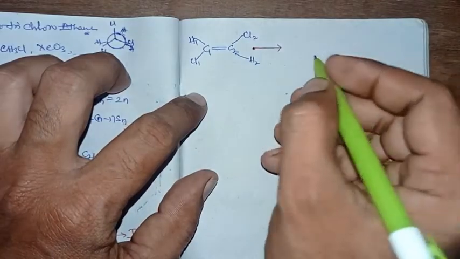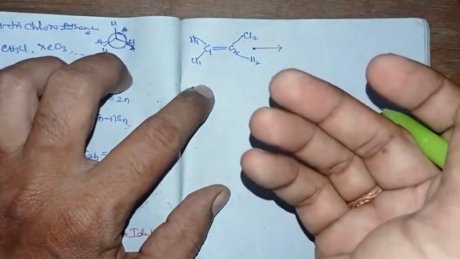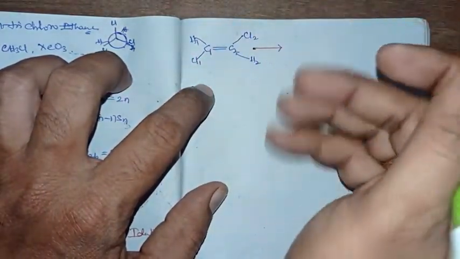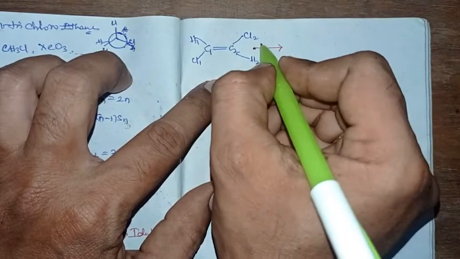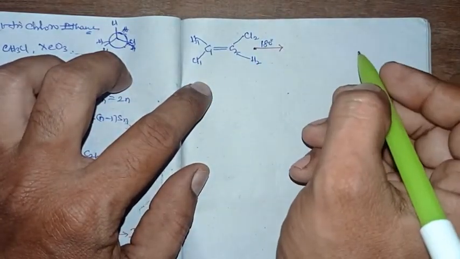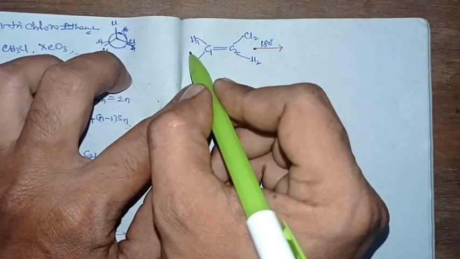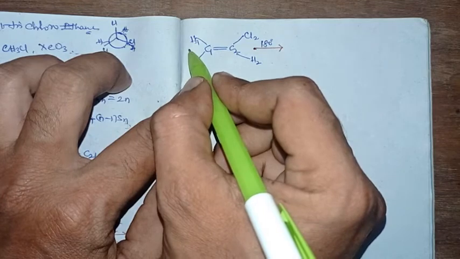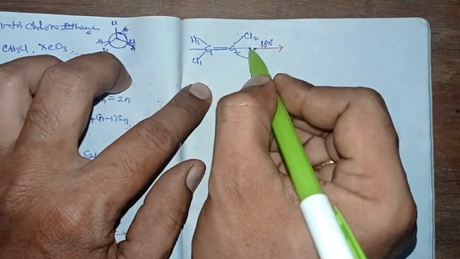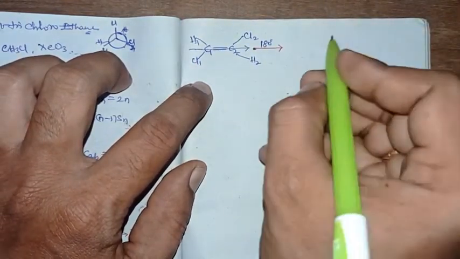To have the S2, we have to do a 180 degree rotation and then apply its perpendicular plane. So I will do the rotation by taking an axis passing through the two carbon atoms, right?